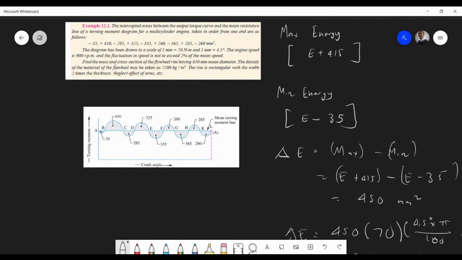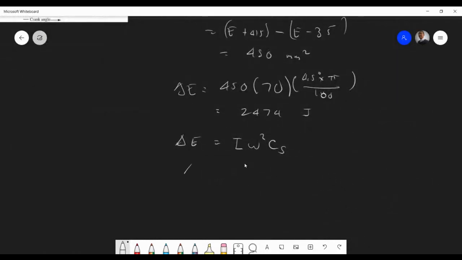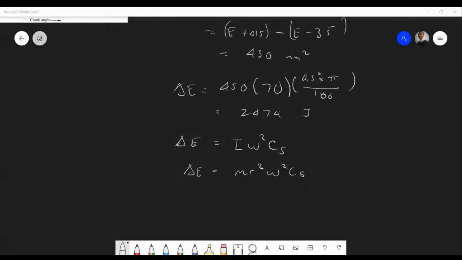So they give the mass, and they want the mean mass. So how are we going to get this now? Just to further set this up, this is mass radius of gyration squared omega squared CS.